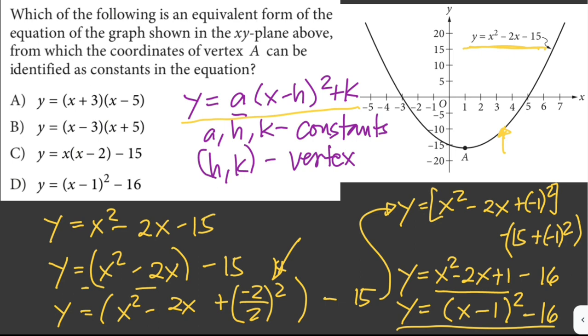Therefore, the vertex (h, k) is (1, negative 16). This is vertex A, so our answer is letter D.